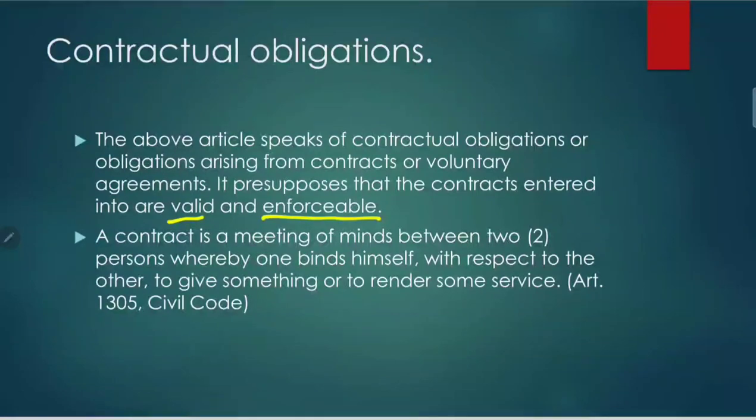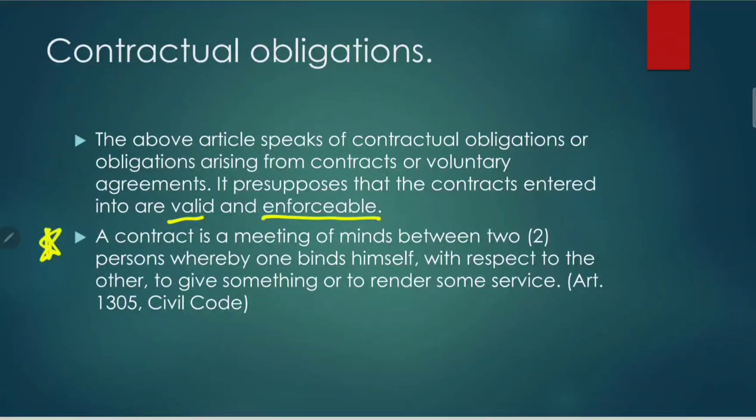So, when we speak of contract, ibig sabihin po ng contract, it is a meeting of minds. Pagtatagpo ng mga isip, agreement between two persons whereby one binds himself with respect to the other to give something or to render some service. So, we have also to take note of this definition.